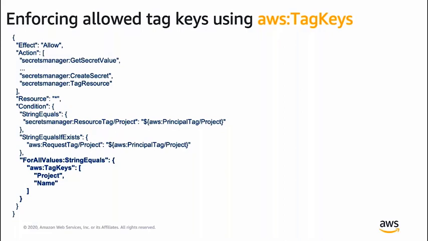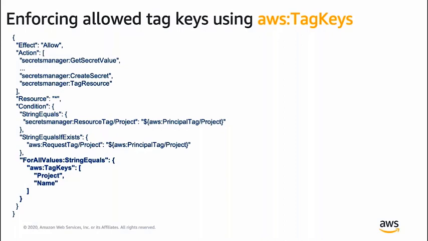As the result, with this condition that you can see on this slide, when a resource is being created, it can only be tagged using these tag keys. It also enforces case sensitivity, so the tag keys will always be the same for consistency. All right, so you won't have lowercase project, uppercase project, mixed case.